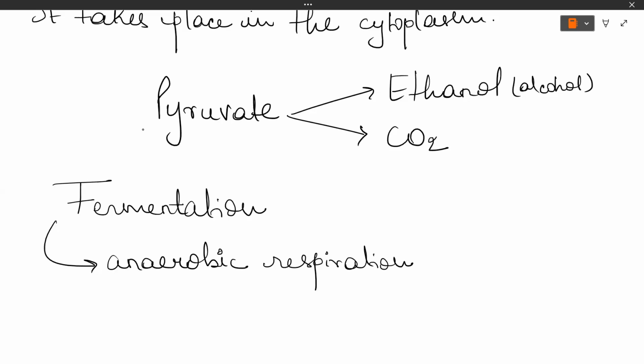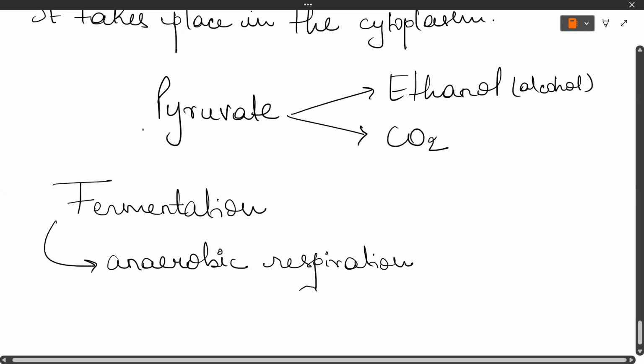Air, no oxygen. You are right. Say it. Any respiration that takes place in the absence of oxygen is anaerobic.